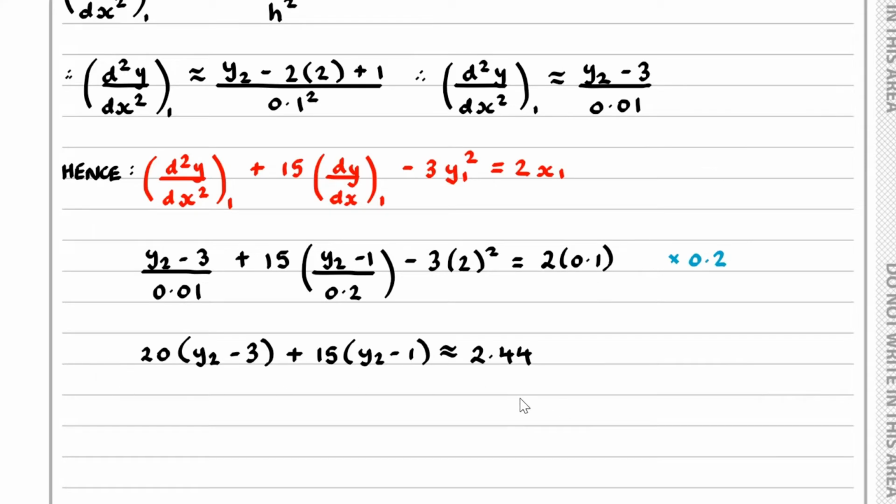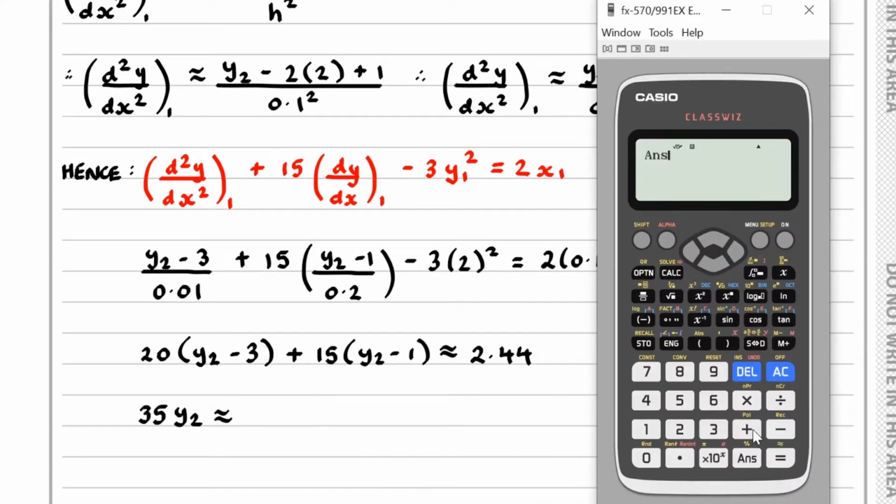And so if we tidy all of this up, we've got 20 y2 plus another 15 of them. That's equal to 35 y2, and this will approximately equal, well, we've got this 61 over 25, and then we add to that the 60, which comes from 20 times by the 3, and then we add on the 15.